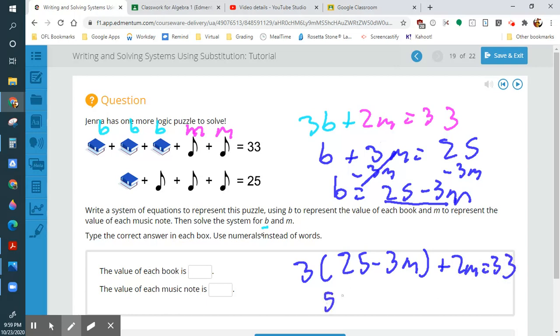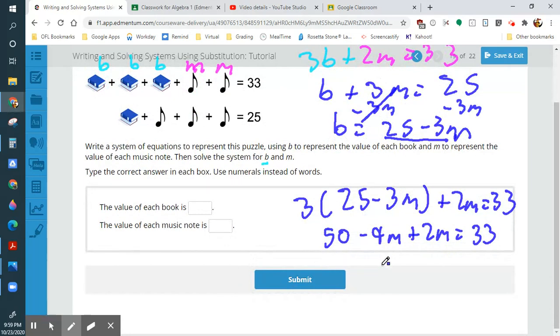So this is 50 minus 9M plus 2M equals 33. All right, so from here, what we're going to do is we're going to do 50. We have 9 negatives and 2 positives. So 2 of those negatives cancel out, and we're only left with 9 negatives.